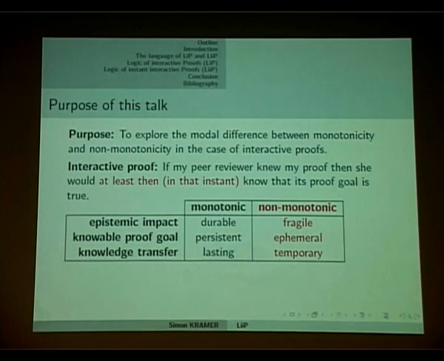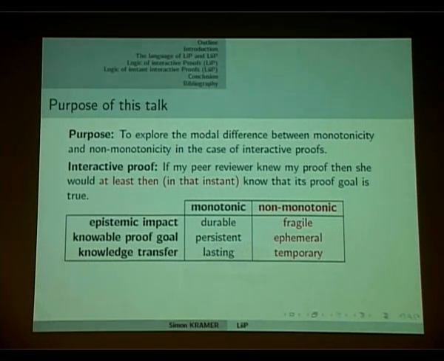This slide is just sort of a philosophical prelude. Are you missing formal details or more intuitive philosophical elucidations? I can give you the formal details later on, but not on this slide. Then the definition. What do you mean by monotonic proof? What do you mean by non-monotonic?